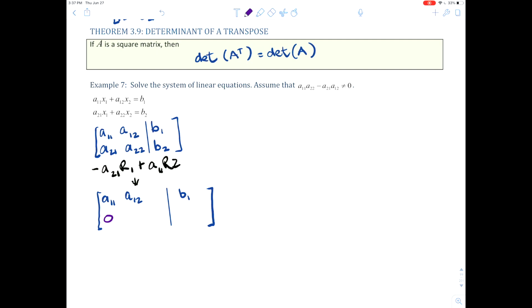So I'm going to flip that around so it's prettier, and that'll be A11 times A22 minus A12 A21.